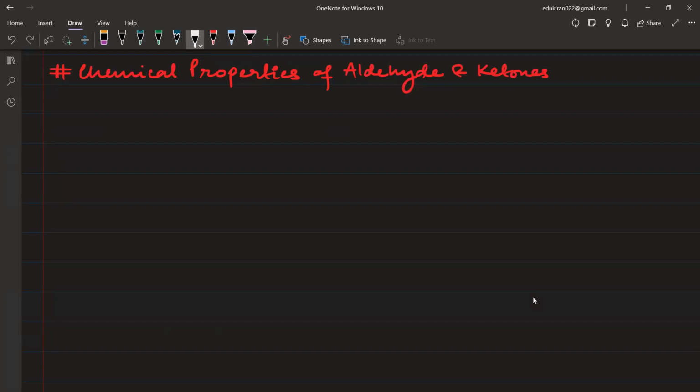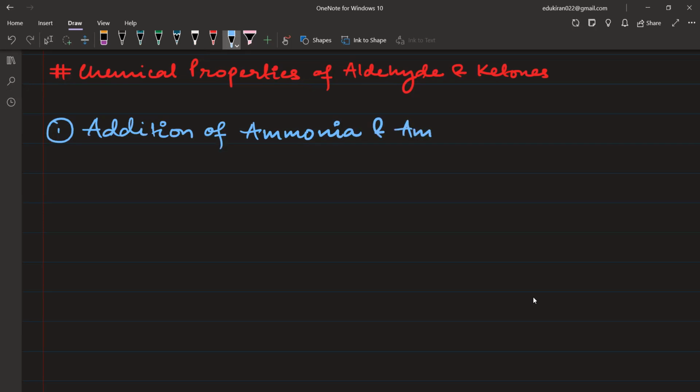I'll start with a reaction, that is addition of ammonia and ammonia derivatives. In that reaction, I will explain one, and a similar pattern you will see in all the ammonia derivatives. So please write first of all, addition of ammonia and ammonia derivatives.